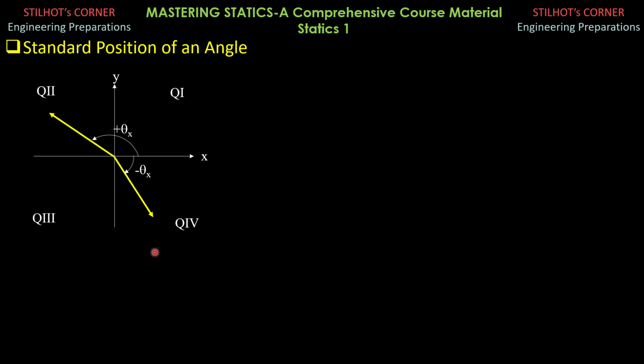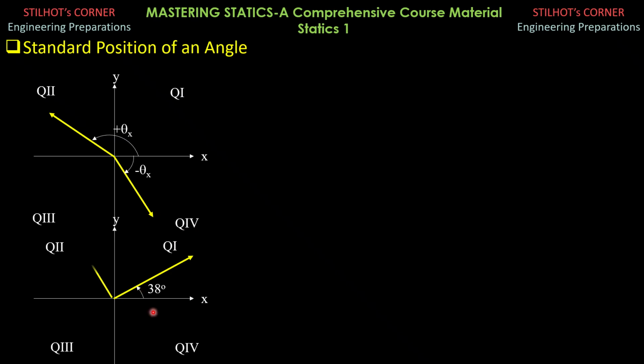So for the estimation of the angle, take note that for this illustration here, this angle may be estimated as positive 38 degrees, or it's up to your estimate as long as it is positive.